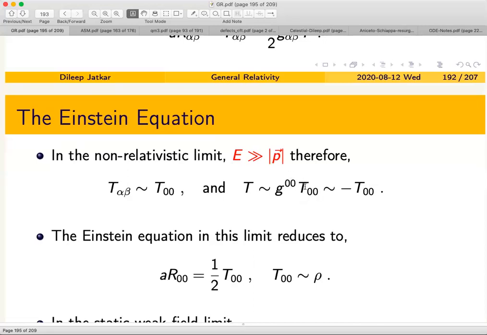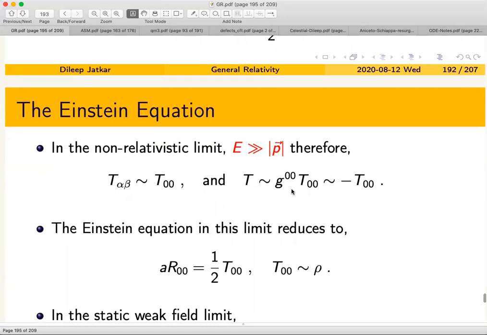Because you need to contract these indices, and contraction can happen only with one upper index and one lower index. But G00 to leading order, remember G00 was -1, -2 pi with downstairs indices. G00 upstairs would again start with -1, but the factor would become +2 pi. But that 2 pi is a next order correction, so we will ignore that. And so to leading order G00 T00 is just minus T00.